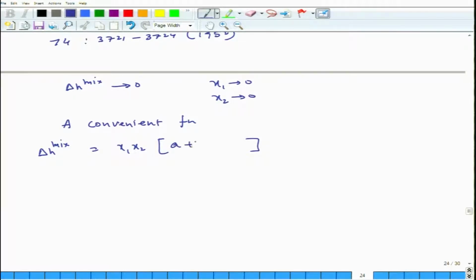So, we will be adding a plus b times the difference x1 minus x2. This is just a convenient form which we are writing. A little bit of experience goes into coming up with this expression, but having this expression now, the constants a and b have to be evaluated.